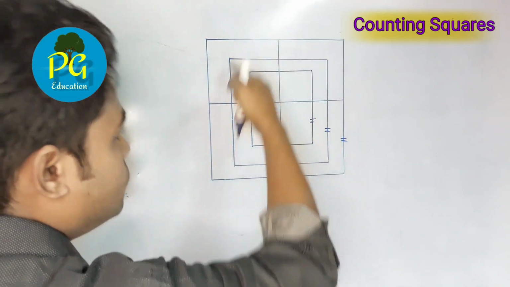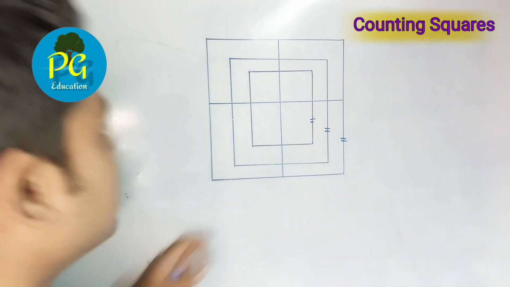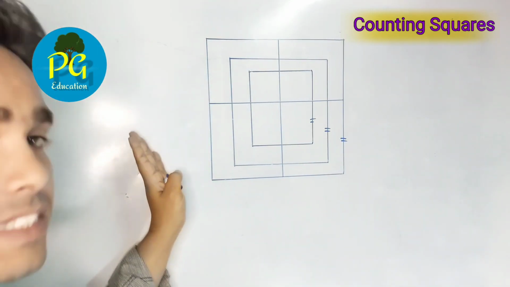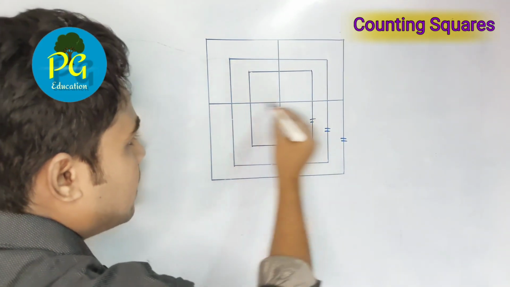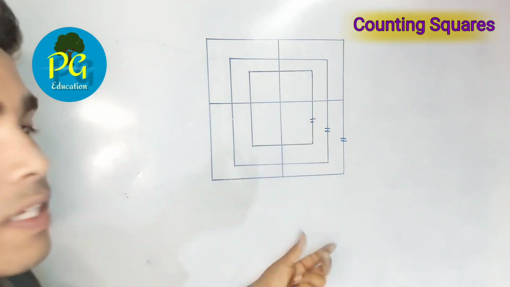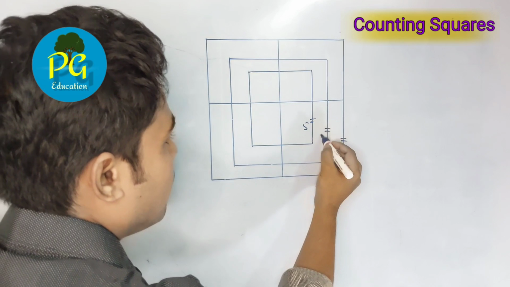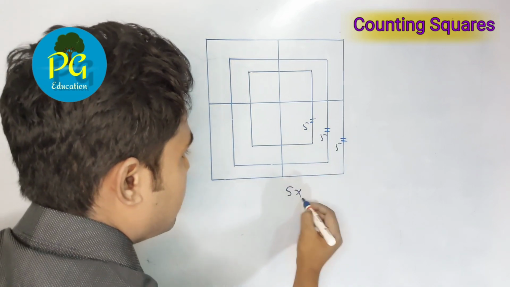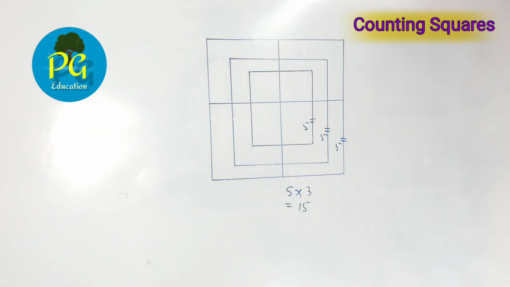In the previous example we understood that if there is one plus sign inside a square, then for this plus there are 5 squares. So 5, 5, 5. How many? This is 15. So 15 squares are there in total.